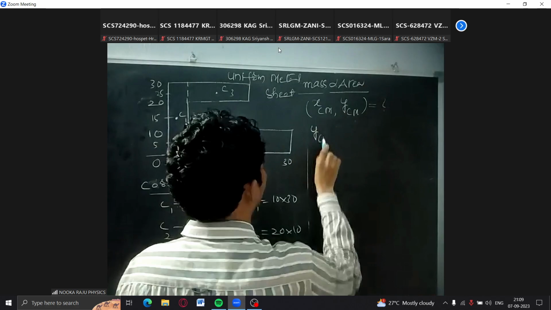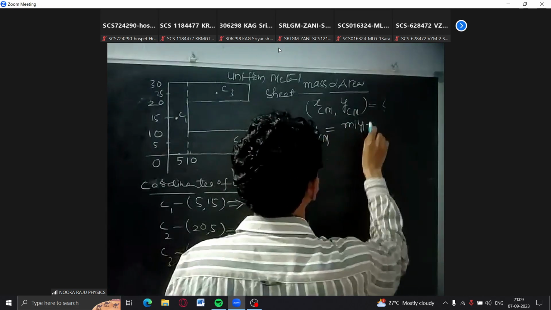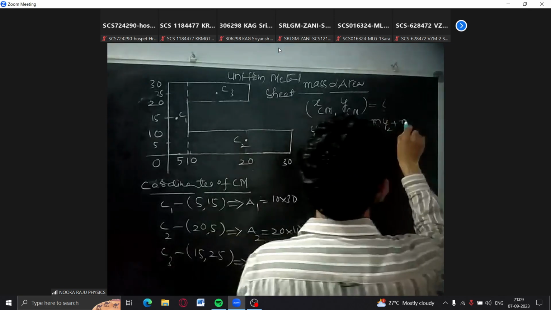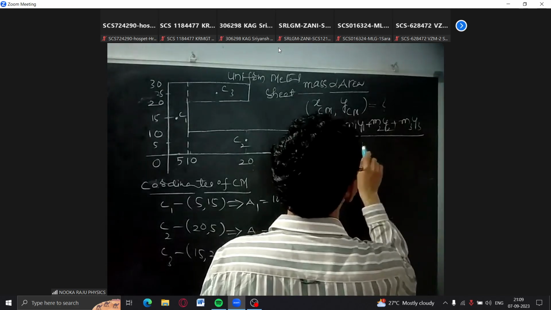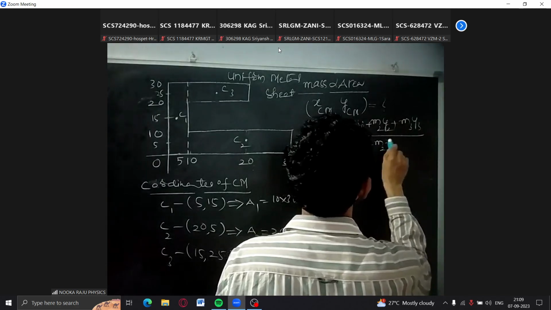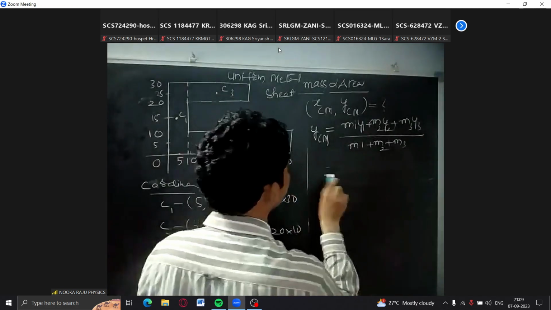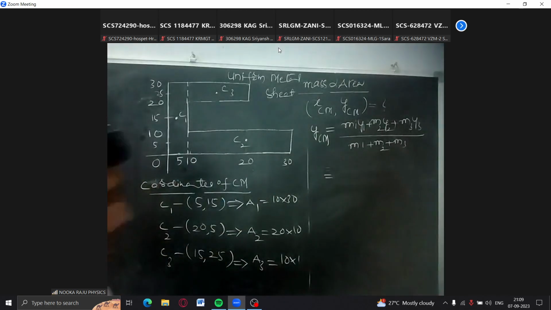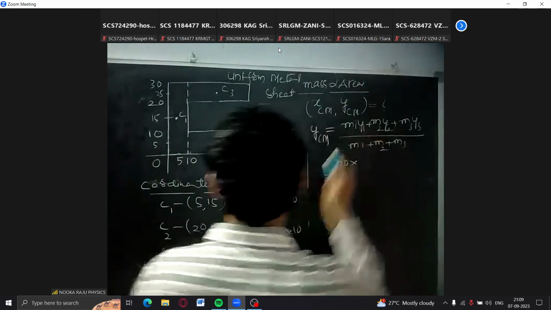YCM equals M1 Y1 plus M2 Y2 plus M3 Y3 divided by M1 plus M2 plus M3. What about M1? Same values, but here the Y values are different. So 300 directly into what about Y1?